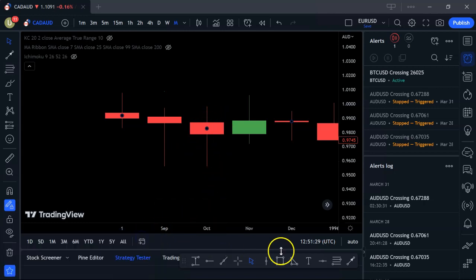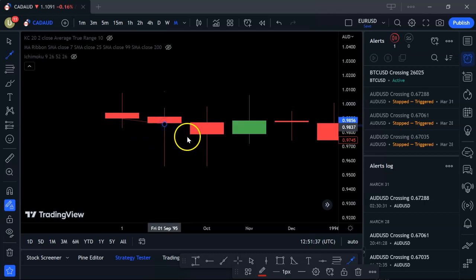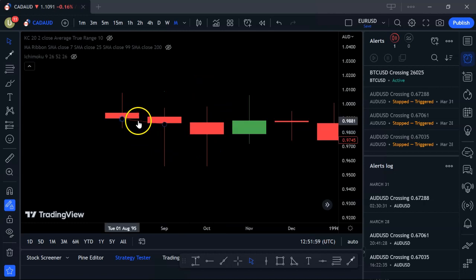If you check what is happening from this place to here and from this place to here, you see that this market closed below the closing price of this one, and this one closed below the closing price of this one, and that is why these three candles are red. I hope it's simple, right?